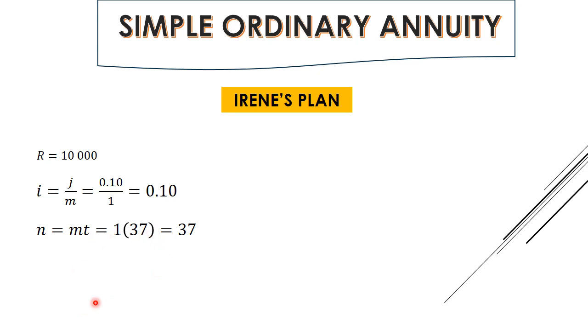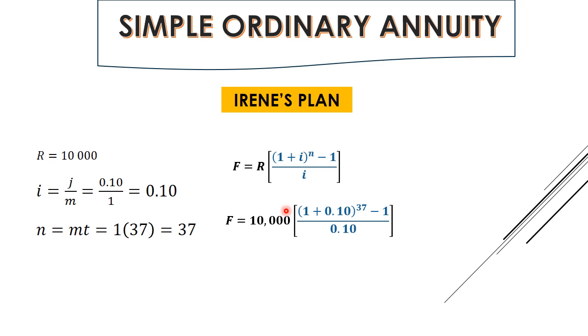Now we substitute this to the formula for the future value. F equals R times (1 plus i) to the power of n, minus 1, over i. So we substitute: 10,000 times (1 plus 0.10) to the power of 37, minus 1, over 0.10.